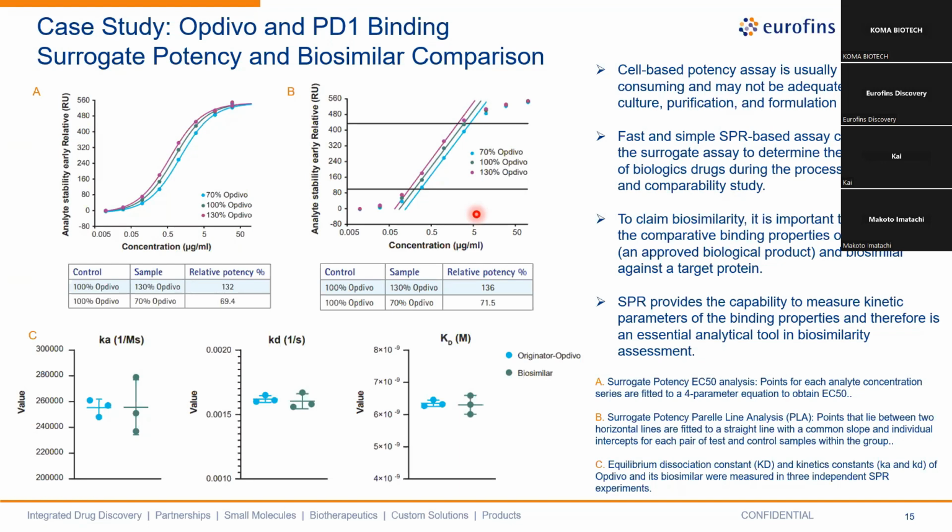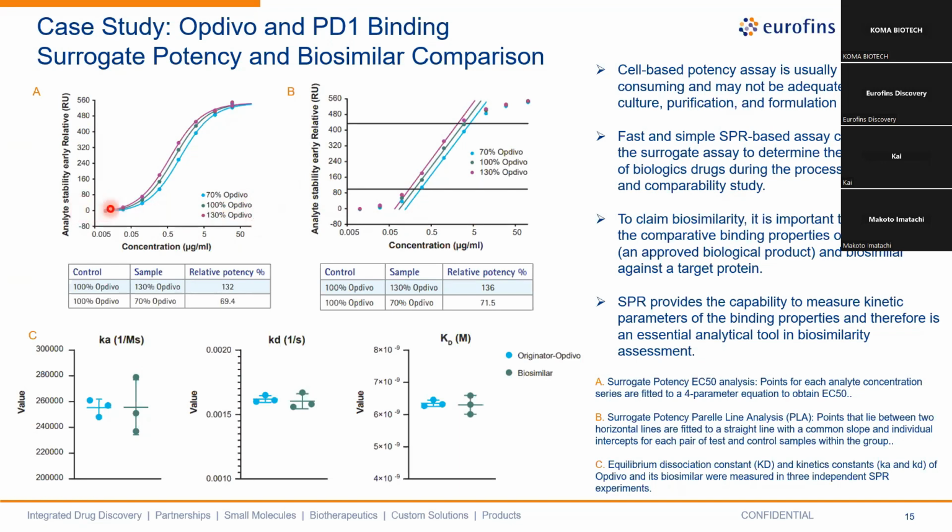And relative to your control, you can calculate its relative potency. And for these 2 experiments, we prepare 3 samples. One is 70% of optimal, and your control is 100% of optimal. And the other one is 130% of optimal.